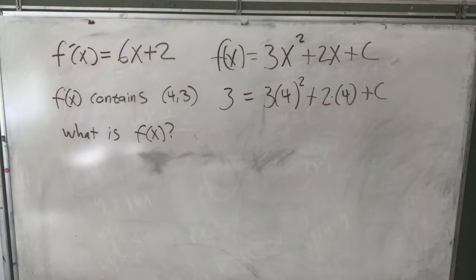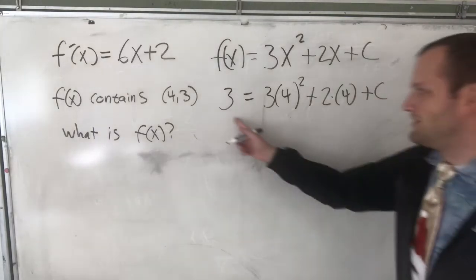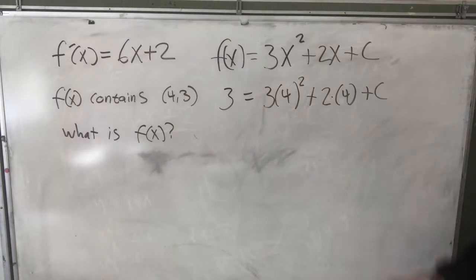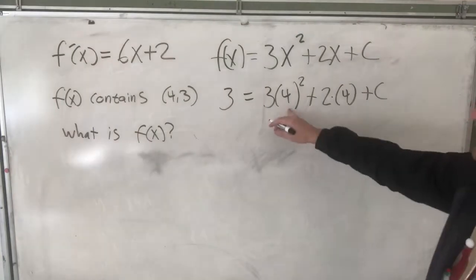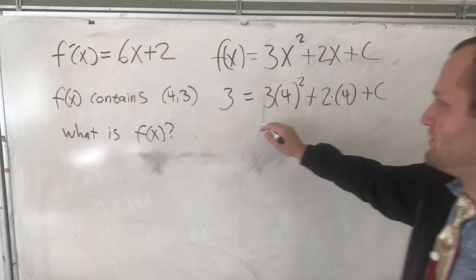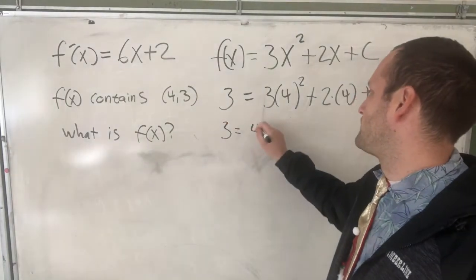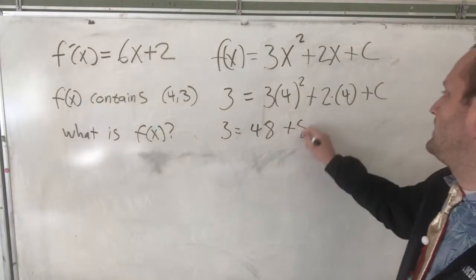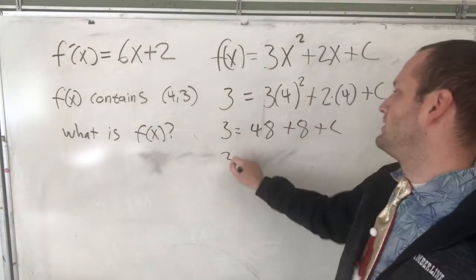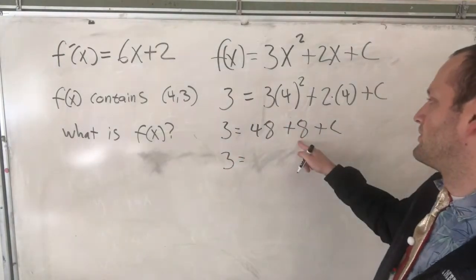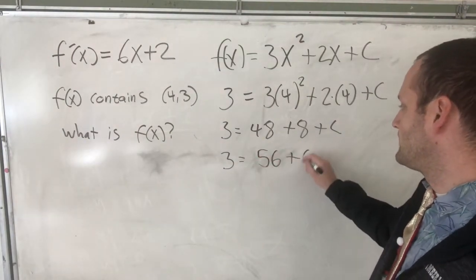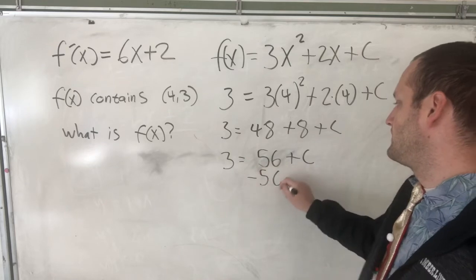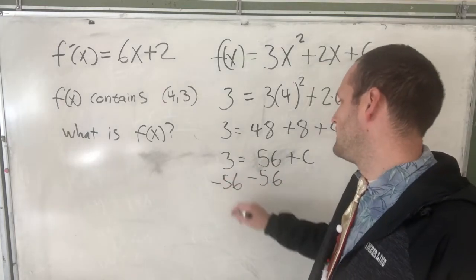Well, we went through and plugged in that point. What's the only thing left that's a variable? C is. Could we solve for c? Yep, we can. Let's do it. So this is going to give us 16 times 3 is 48. So we got 3 equals 48 plus 8 plus c. 3 equals 56 plus c, minus 56 on both sides.